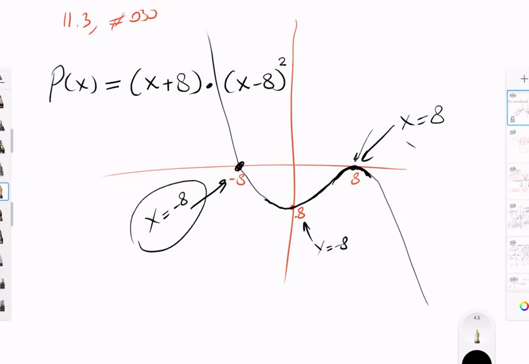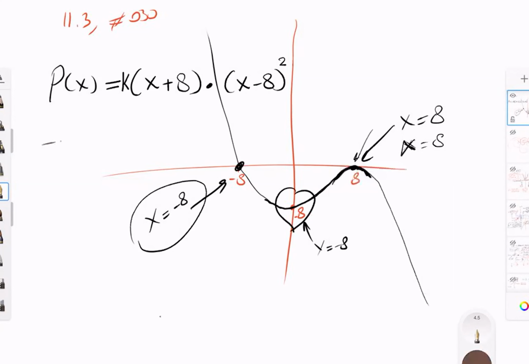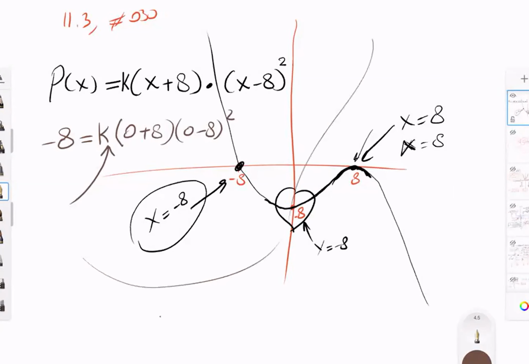That means x equal to 8, x equal to 8. It touches. So the only thing left is a number here, which I'm going to call k. You have to solve for k. How do you solve for k? From the y-intercept. So you're going to say -8 equal to k times (0 plus 8)(0 minus 8) squared. You solve for k, then you plug it back. You should be able to do that.